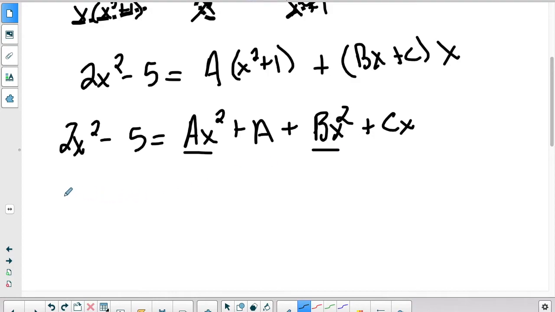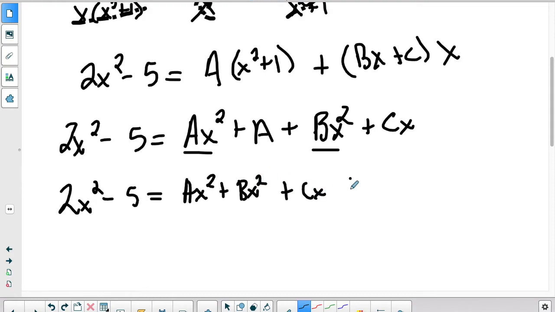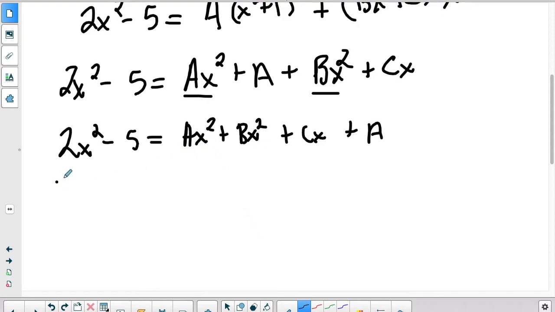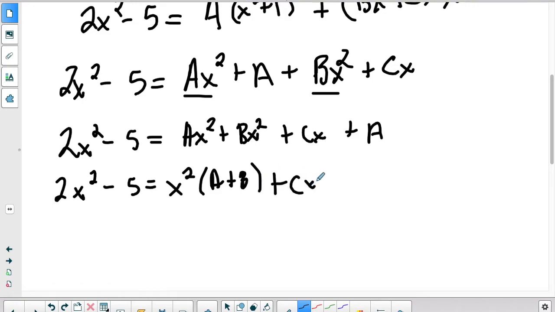These two both have x squared, so 2x squared minus 5 is equal to Ax squared plus Bx squared plus Cx plus A. Since these both have x squared in them, I'm going to factor it out. So we'll have x squared times A plus B, plus Cx plus A.